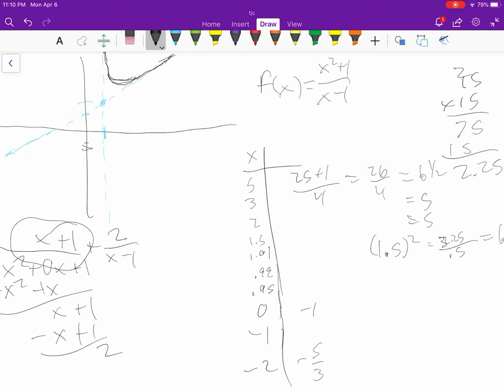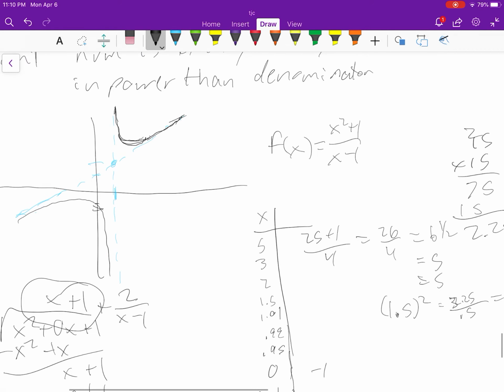So it's right there. And when you get closer and closer to 1, you're going to spin off to negative infinity again. So it's going to look something like that. And that'll be our rough sketch.